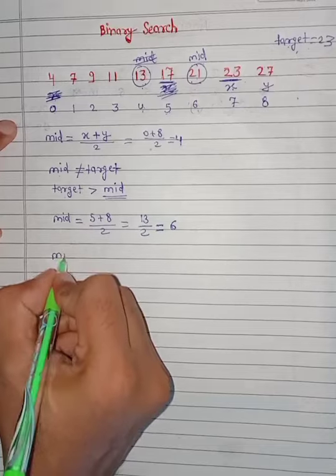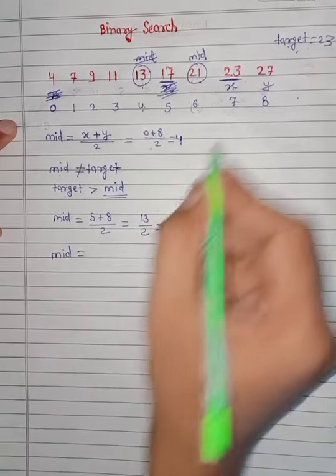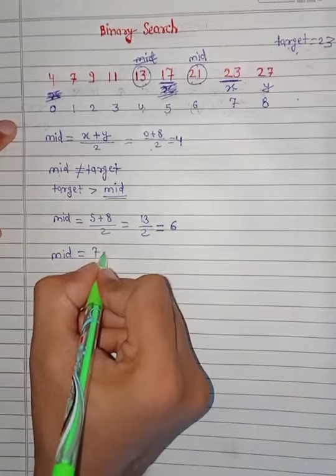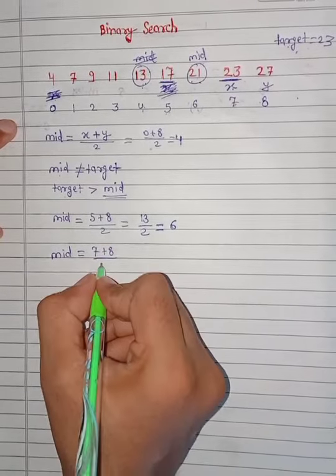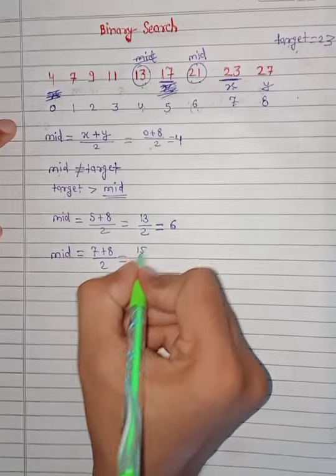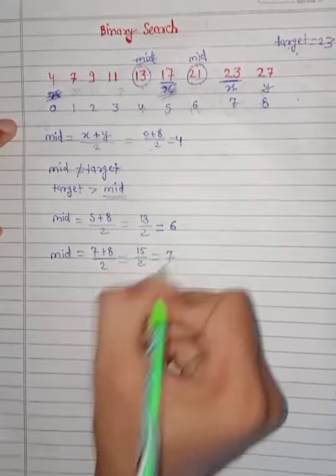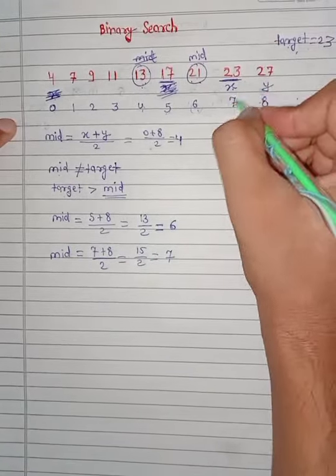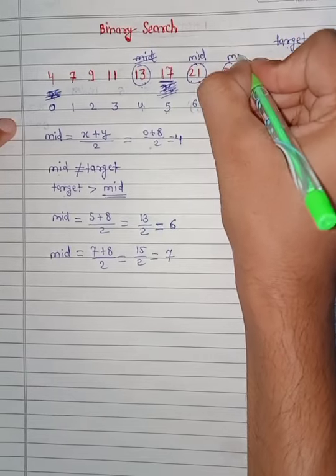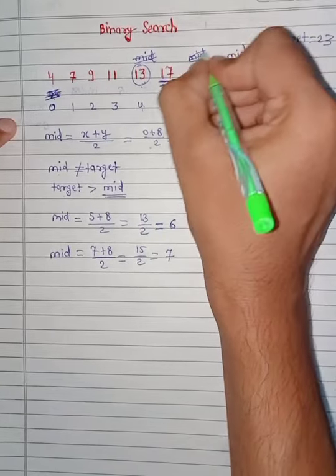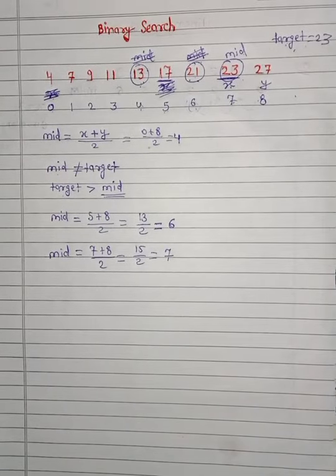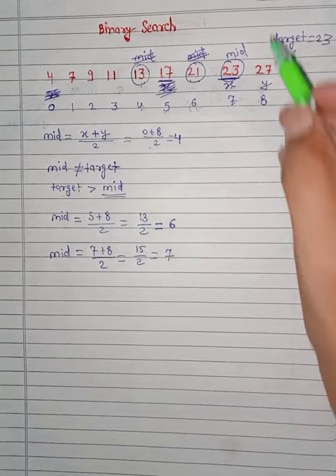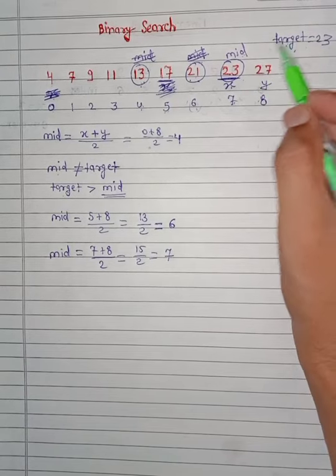Now we'll again calculate the mid value of positions 7 and 8. It will give us 7, the floor value, and the mid variable will now store the value 23. Now we'll again check whether the mid value is equal to the target or not.